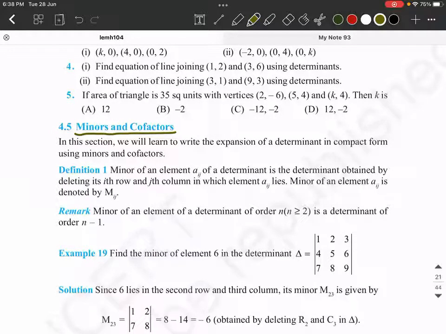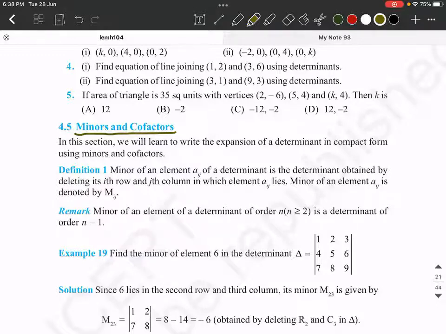So what will happen is, for each element in the matrix, there is something called a minor that can be defined. What does that minor define? If you take a particular number, and you ignore the row and the column corresponding to that number, then you write the determinant of the remaining numbers. I repeat it again.